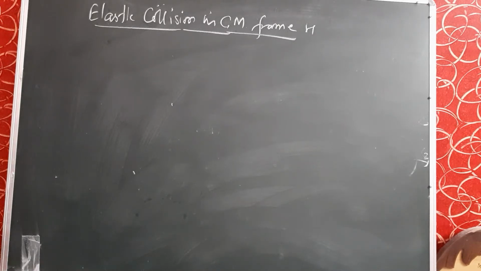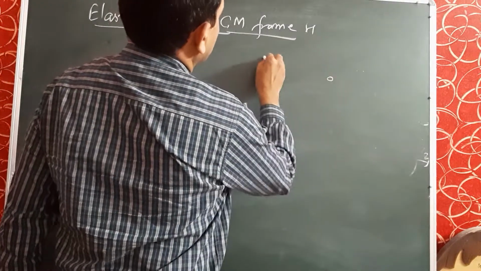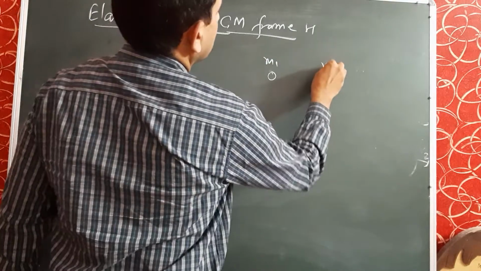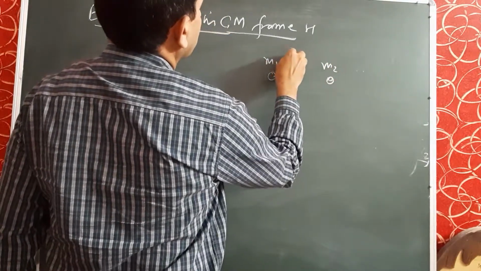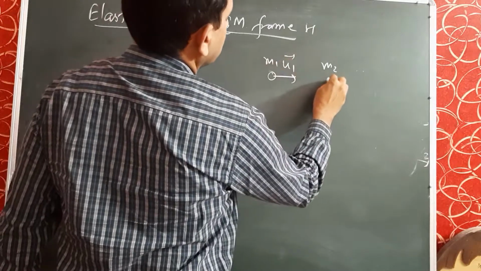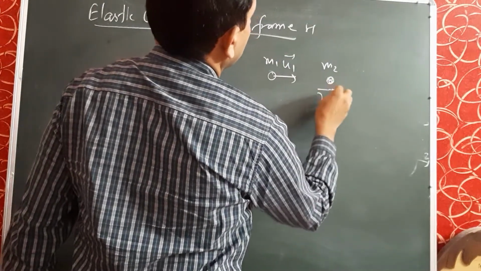The same problem we will discuss: there are two particles, the first particle of mass m1 and the second particle of mass m2. The first is moving with velocity u1 and the second is at rest, that is u2 is 0.